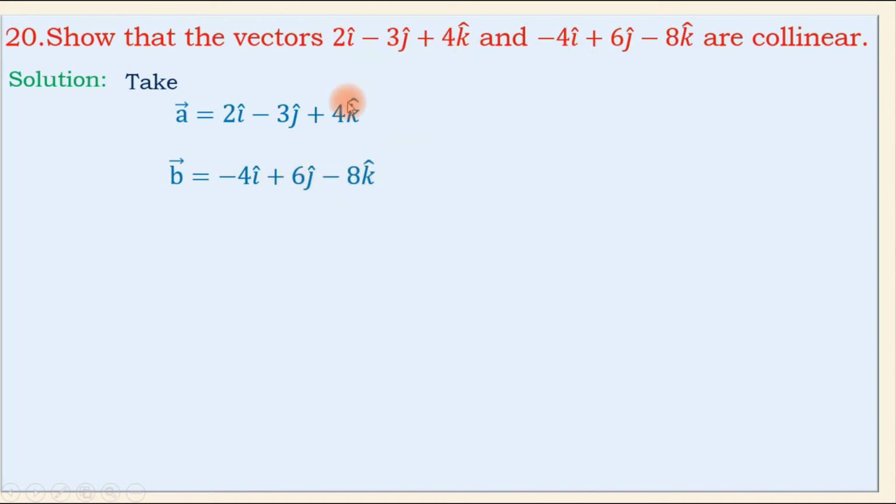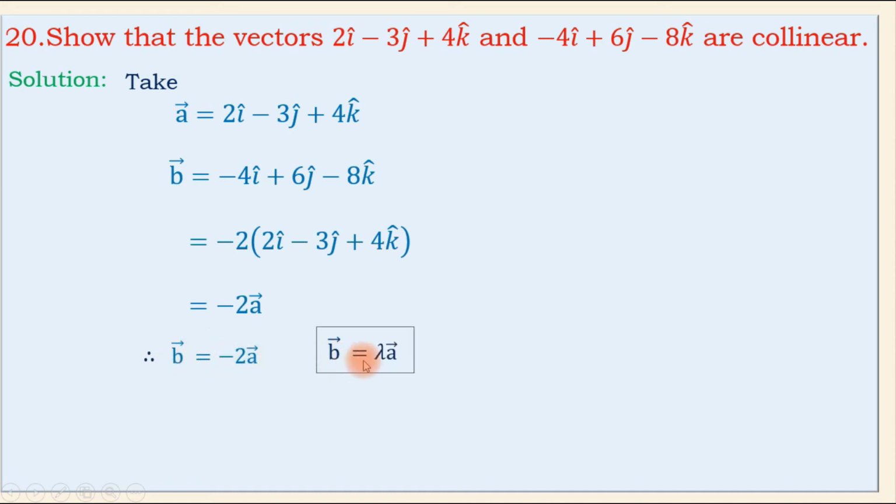If we observe these two vectors, clearly b vector is minus 2 times proportional to a vector. So take minus 2 common in the b vector, that becomes minus 2 of 2i cap minus 3j cap plus 4k cap. So this can be taken as a vector. So b vector equals minus 2a vector. This is in the form of b vector equals lambda a vector. Hence the vectors a and b are collinear.